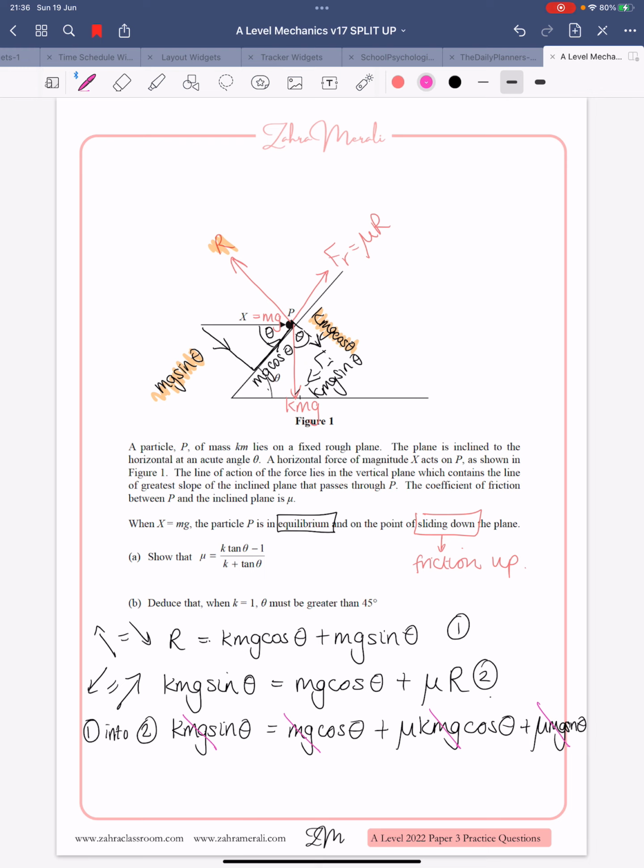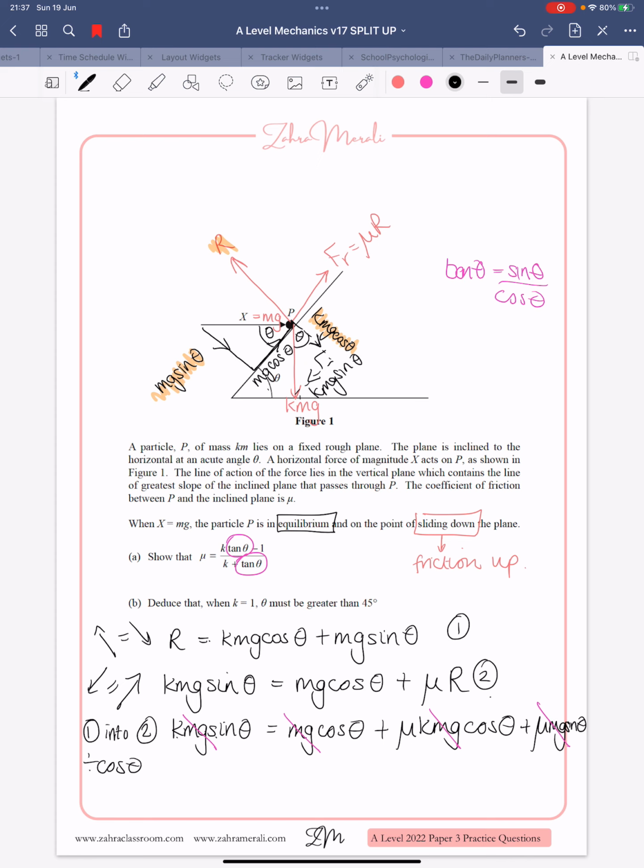Everything with a mu is going to go on the same side of the equation. Oh, actually, before we do that, we can see in the question we've got tan. So when we see that, we try to get there. We know that tan theta equals sine theta over cos theta. So I'm going to divide everything by cos theta.